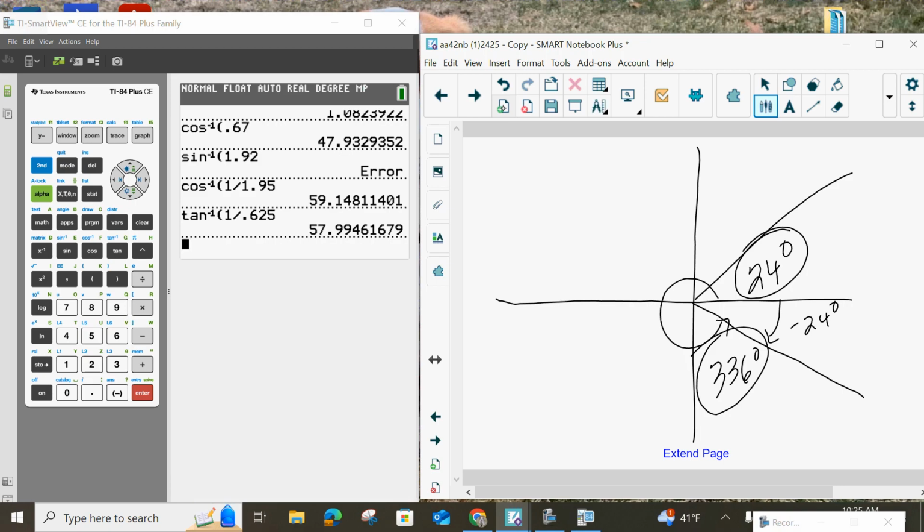Opposites, right? Do cosine of 24 and cosine of 336. Same this time, right? Do tangent. Same or opposite? Opposite. Do secant. Secant's 1 over cosine.